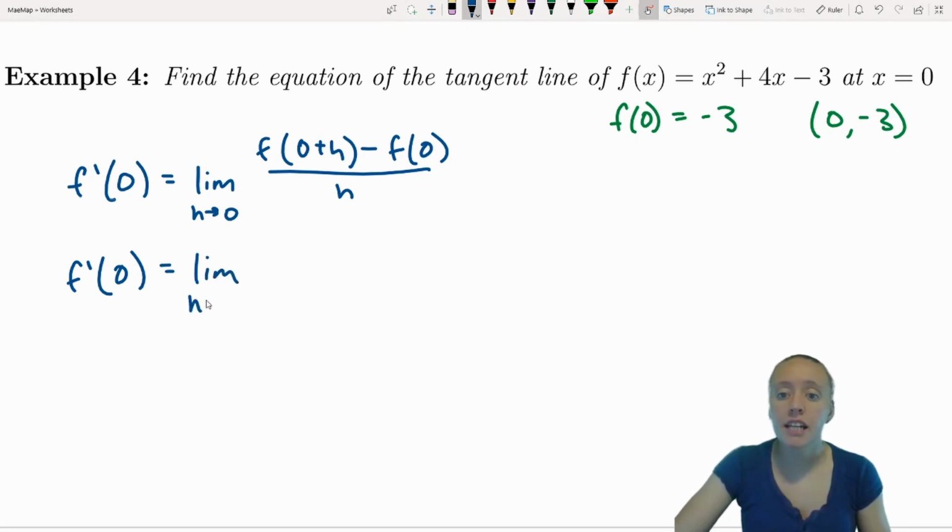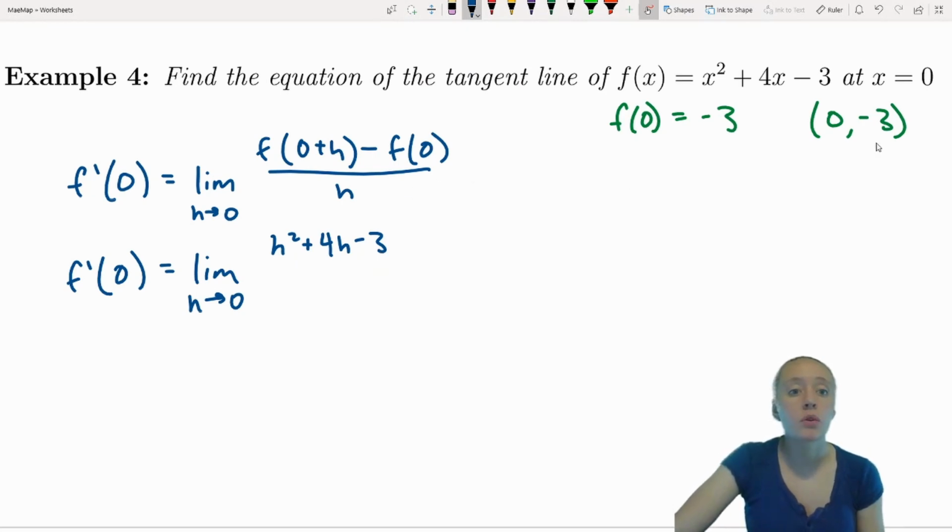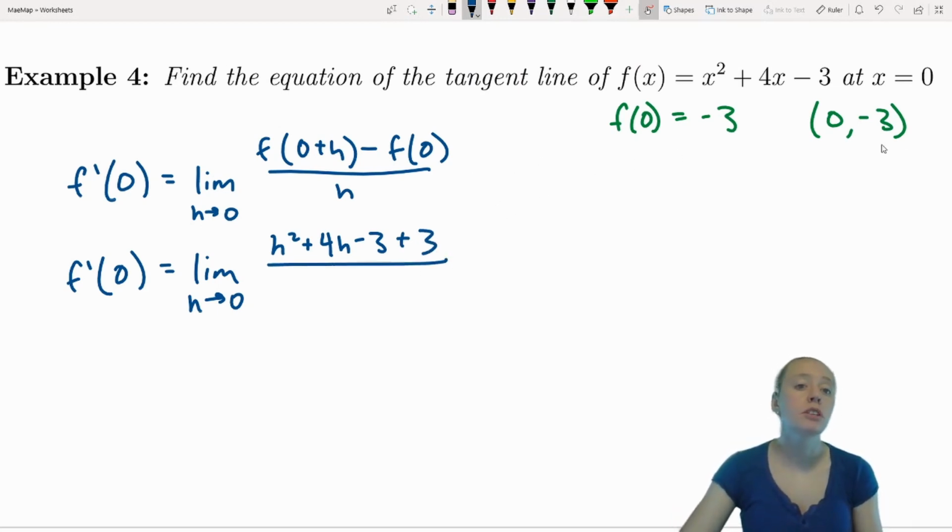The limit as h approaches 0 of f of 0 plus h, that's f of h, so I'm just going to plug h in where I see my x's. So I'll have h squared plus 4 times h minus 3. And if I'm subtracting f of 0, that's subtracting that negative 3, so adding 3. That's why I said it was nice that we found our point first, because that is f of 0. And then that's all over h.